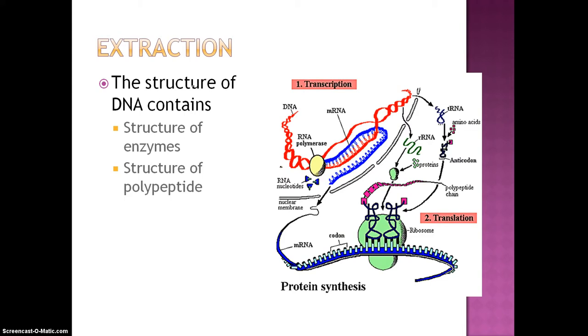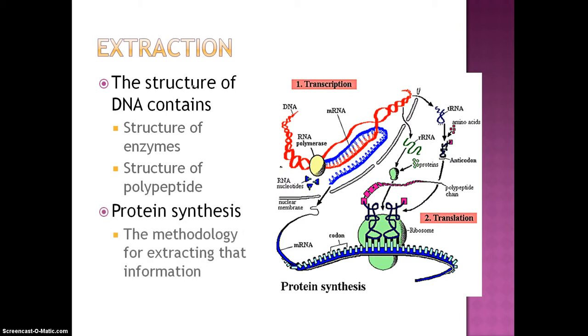Somehow, the structure of DNA will provide to living organisms both the structure of that organism's enzymes and the structure of that organism's polypeptides. And that's this whole process we're talking about, which actually includes transcription, translation, messenger RNA editing, okay? This whole step, we call this protein synthesis. And it's basically the methodology for extracting that information.